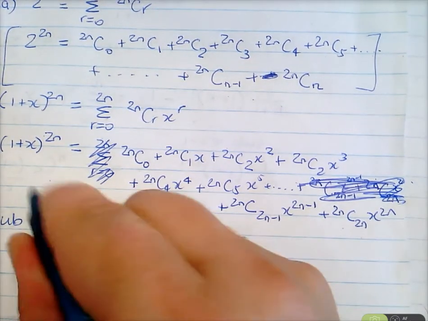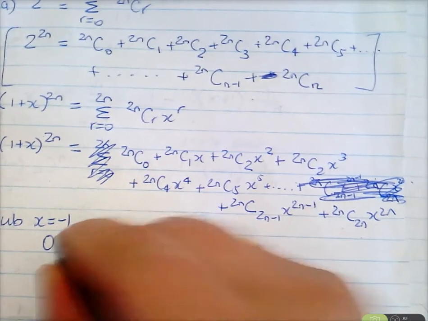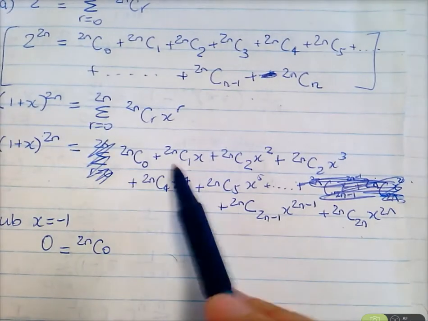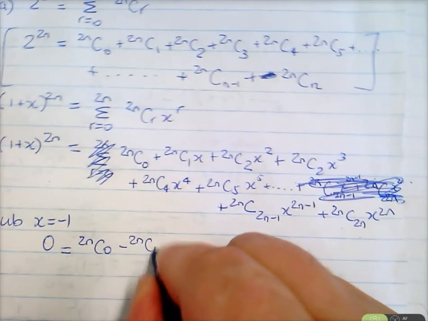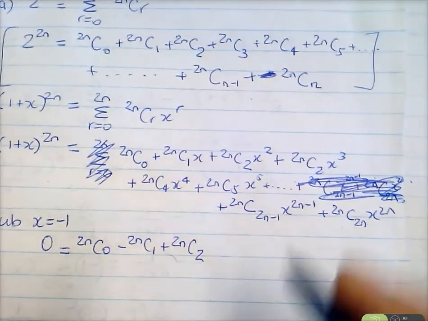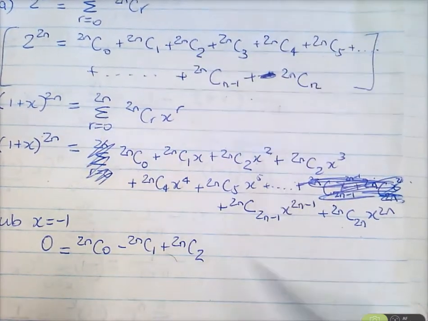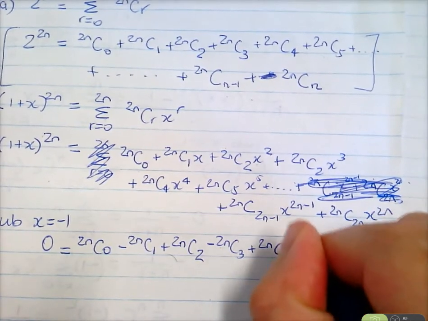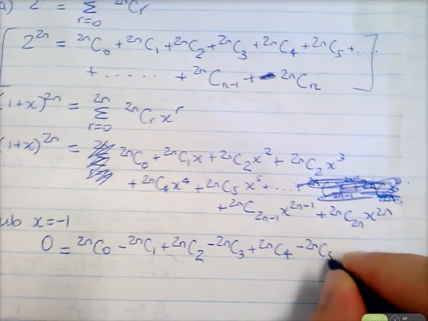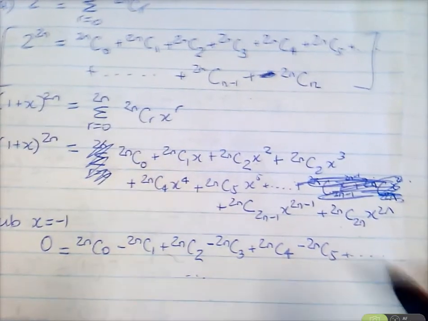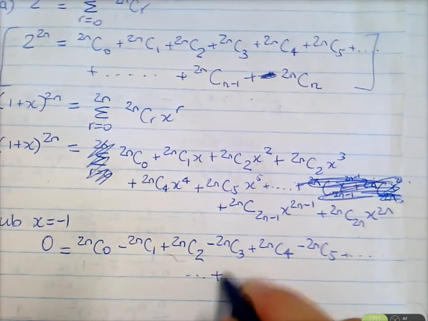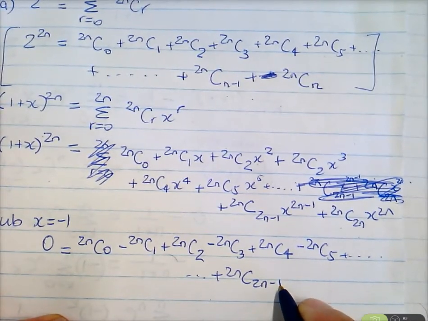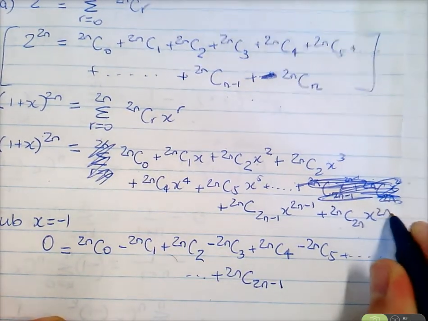So if you substitute x is -1, you get 0 on the left, and on the other side we get 2nC0 minus 2nC1 plus 2nC2, because -1 squared is 1, minus 2nC3 plus 2nC4 minus 2nC5 plus dot dot dot plus 2nC(2n-1) x^(2n).